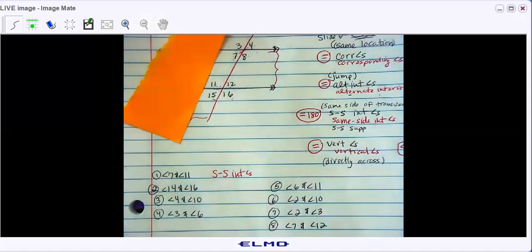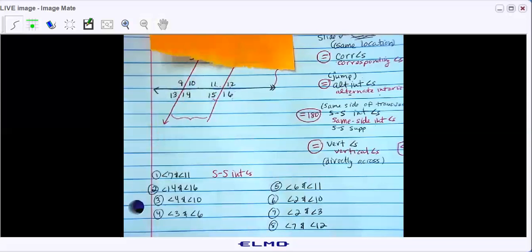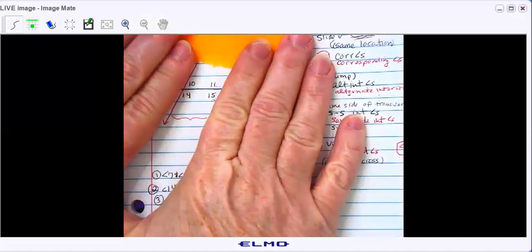Okay. So 14 and 16, I can cover that one up. So question, are they both in between the parallel lines? So these are my parallel lines. Are they both in between the parallel lines, 14 and 16?